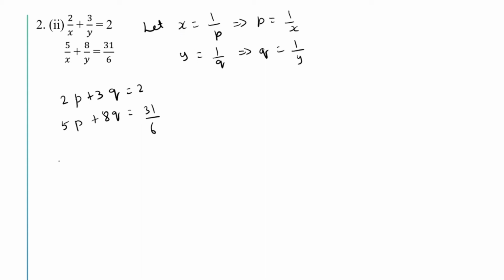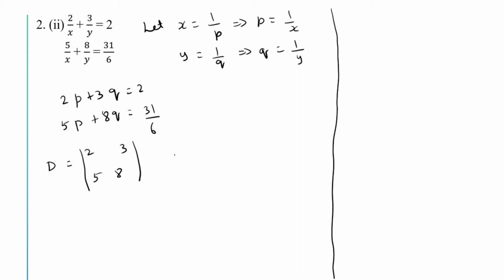So for this let us find d, d1 and d2. So d is equal to 2, 3, 5, 8. So this is equal to 16 minus 15, it is equal to 1.